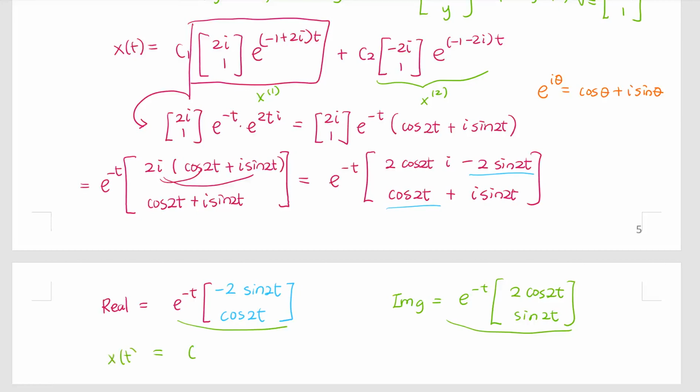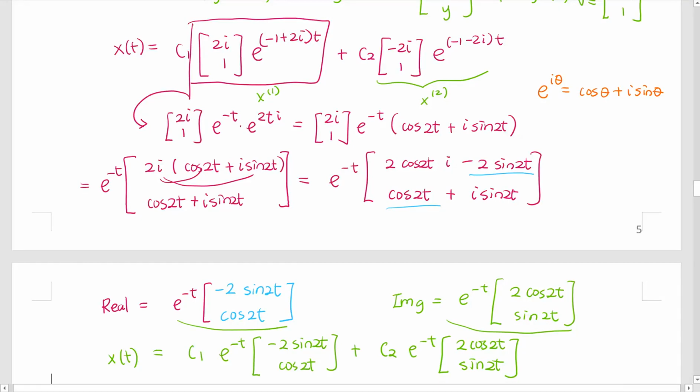So x of t is then c1 e to the negative t times negative 2 sine 2t, cosine 2t, plus c2 e to the negative t times 2 cosine 2t, sine 2t. So far, so good, everybody? You might ask, is that real? Yes, we can check them together.